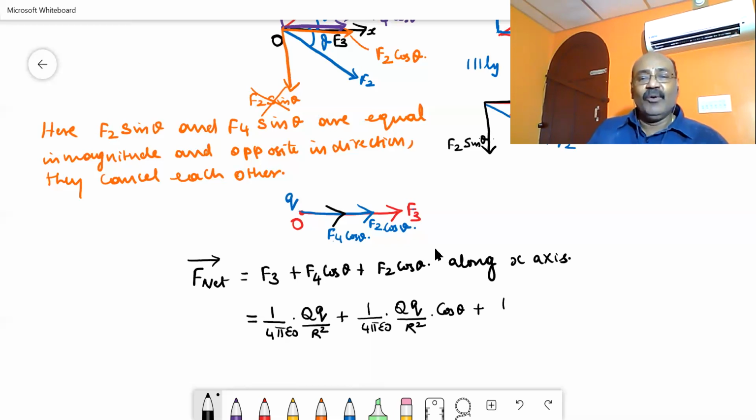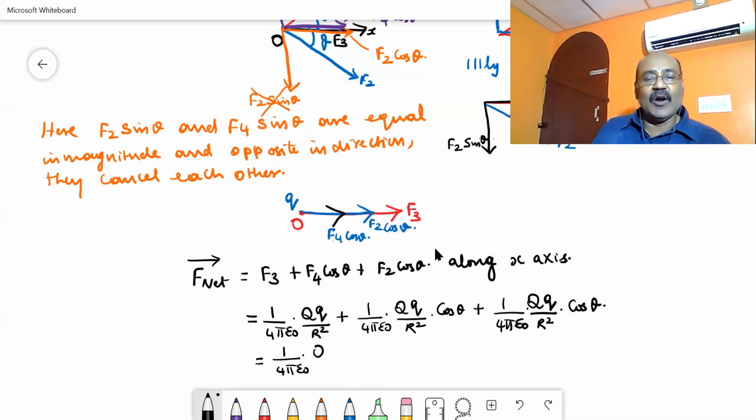The same value, 1 by 4 pi epsilon 0 capital Q small q divided by r square into another cos theta. Now you simplify. You can take common 1 divided by 4 pi epsilon 0 capital Q into small q divided by r square. Taking this factor as common, you will be getting 1 plus cos theta plus another cos theta. So I can say it as 2 cos theta.